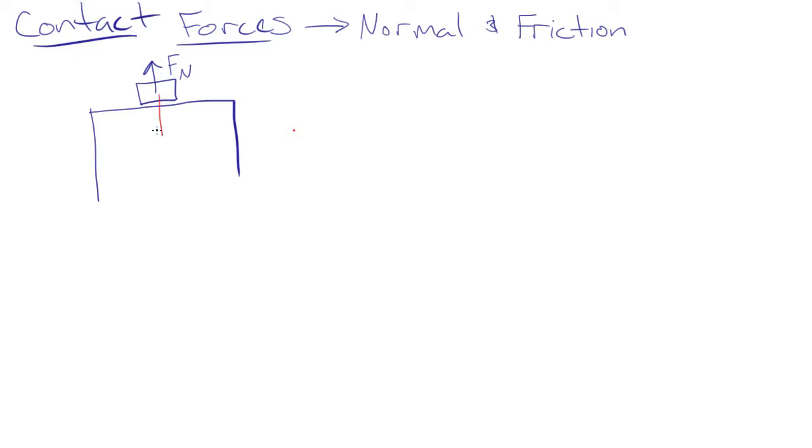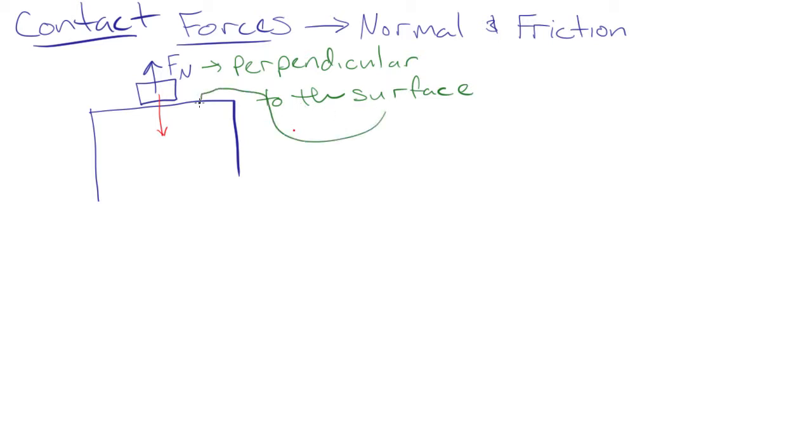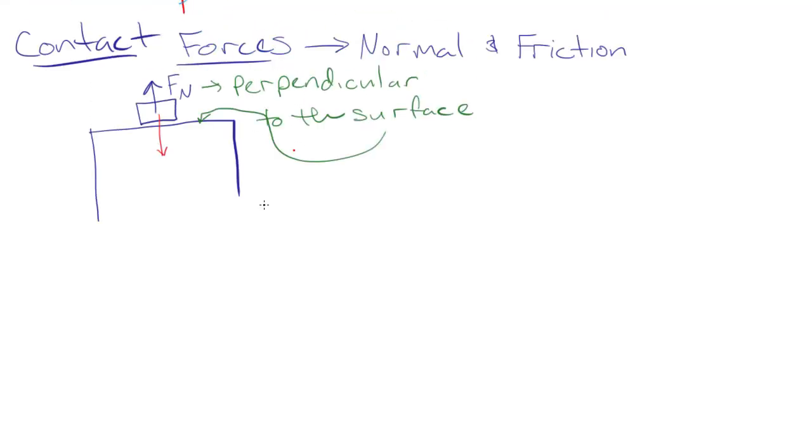That normal force is pointing in a direction perpendicular to the surface. All right, so that's the normal force. I'm not going to say anything more about it because we've dealt with it, so we're just going to jump into an example.